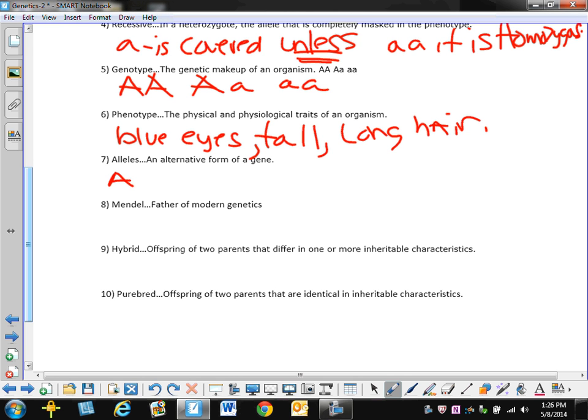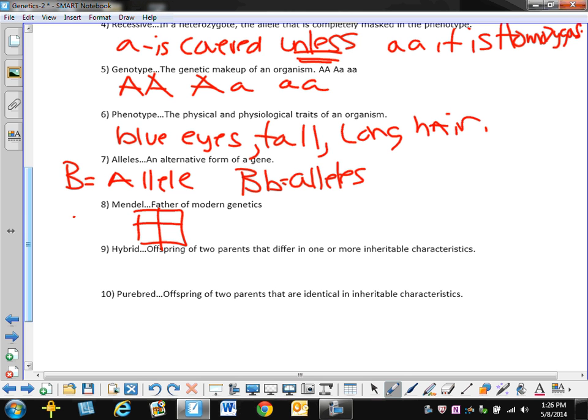This is an allele, big B, and big B, little b is alleles. Plural. It's the allele. It's the visual representation of that gene. Mendel, father of modern genetics, he was a monk who came up with the Punnett square. Actually, they came up with the Punnett square later, but we give him credit for it. And he worked with peas. Over 10,000 of them.